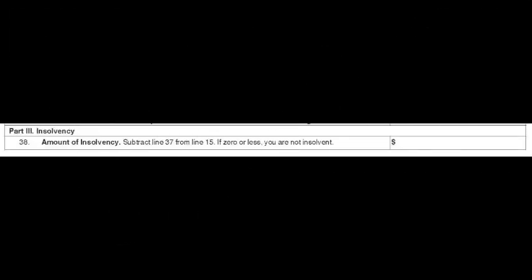At the bottom of this worksheet is where you determine the extent of your insolvency. And you do this by subtracting the total assets from the total debts. So debts minus assets.